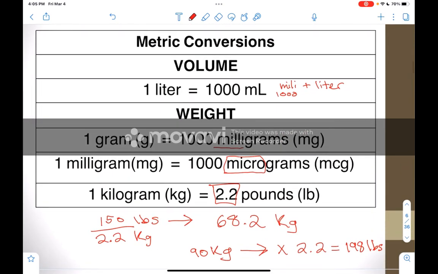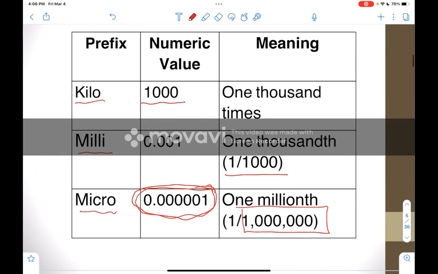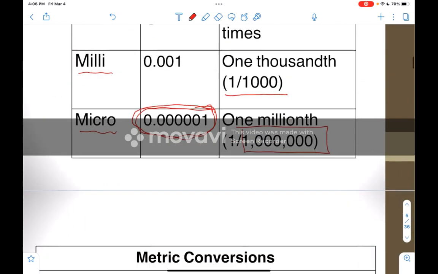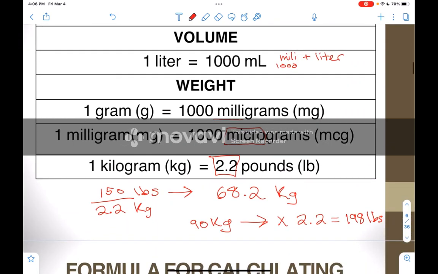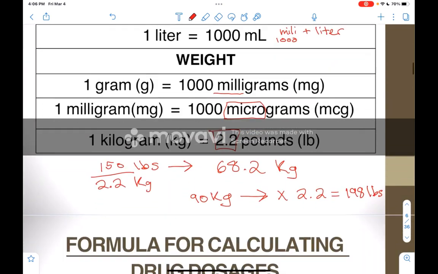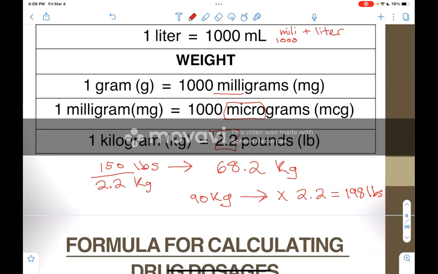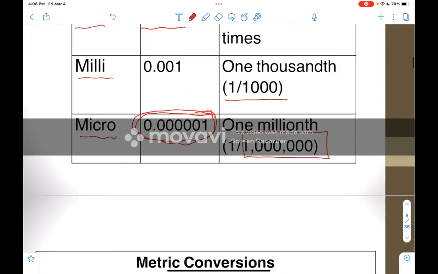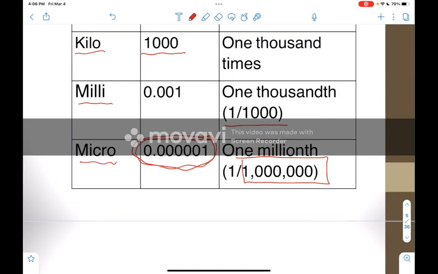Okay, so for volume conversions, 1 liter is 1,000 milliliters, because remember, milli means to divide by 1,000. 1 gram is equal to 1,000 milligrams. And 1 milligram is equal to 1,000 micrograms, because remember, micro means to divide by 1 million.